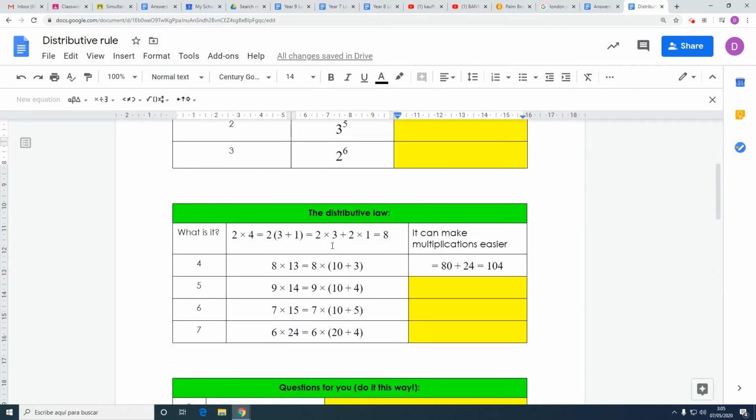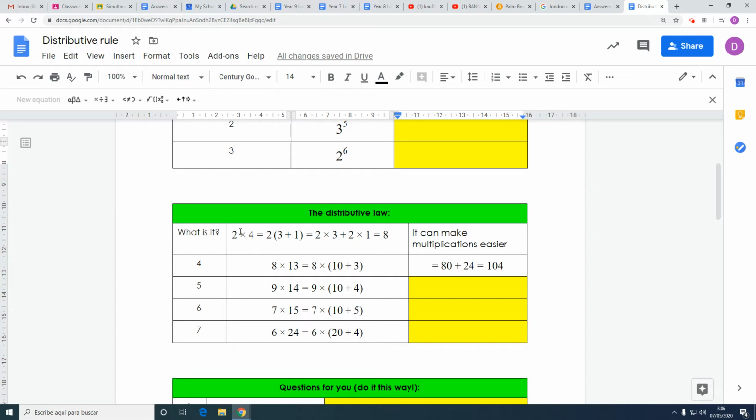Right, now, this is where we start the new stuff, the distributive law. It's kind of dancing, all these numbers dancing in front of your eyes, and it kind of looks hard to see, doesn't it? But I'll go through it with words, might help. If you have a question 2 times 4, we can say, well, 4 is the same as 3 plus 1.